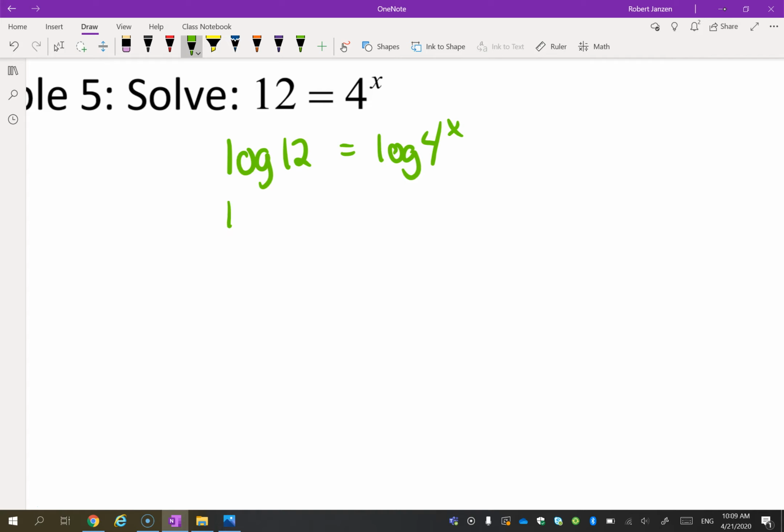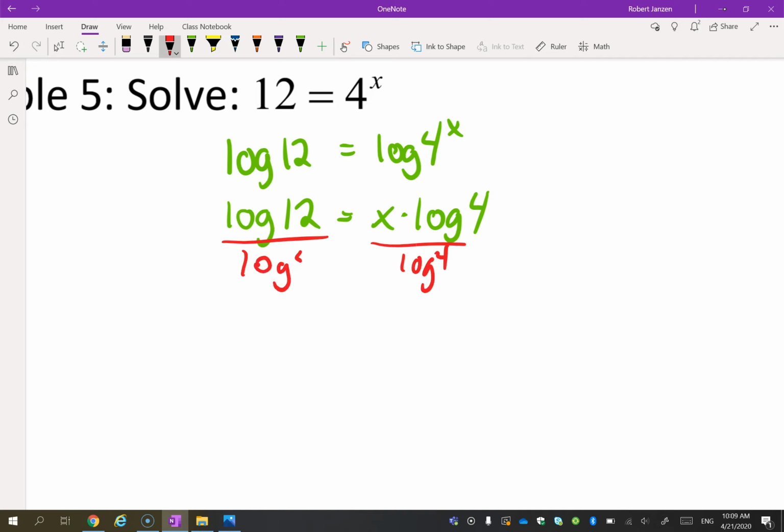Our log laws allow us to change this to x log 4. You now have x multiplied times log 4. So to isolate x, we can divide by log 4. And so that's how you solve for x with this one.